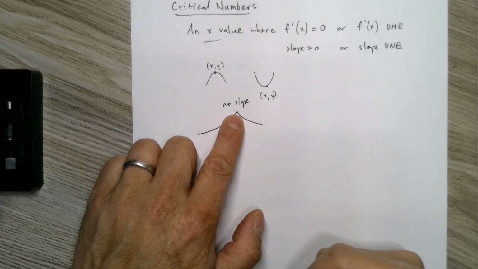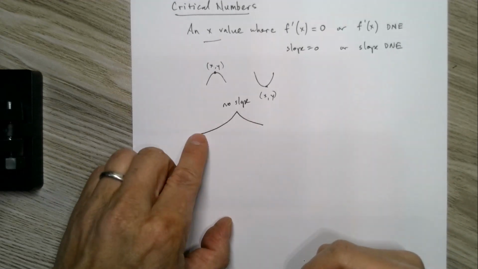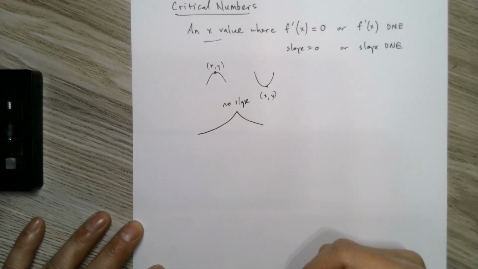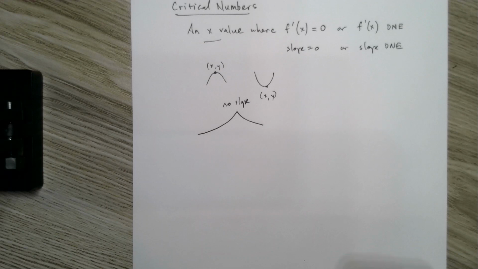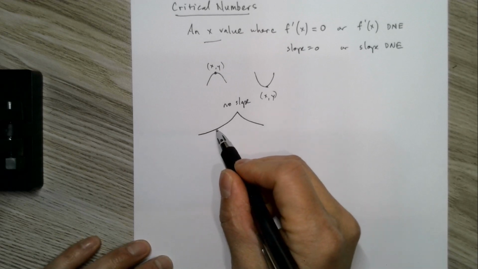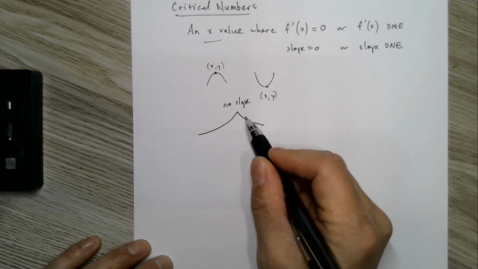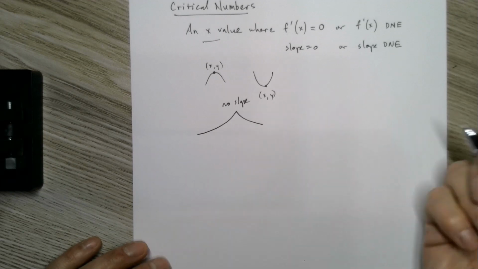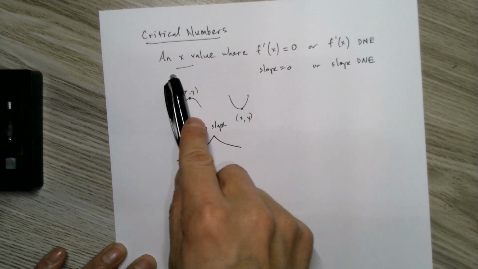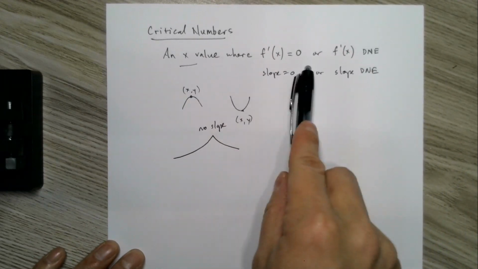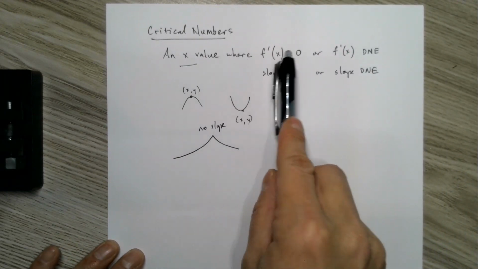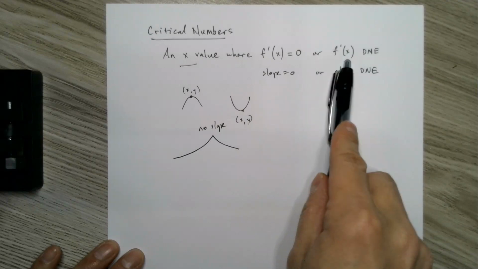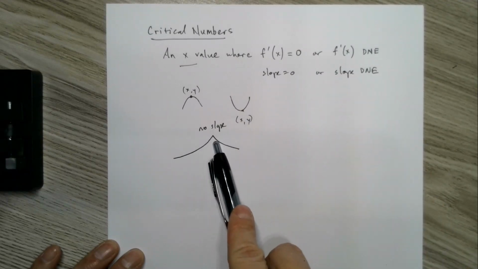The curve must be smooth in order for there to be a slope. We call that being differentiable. So it's differentiable everywhere here, but as soon as you get to this point, that point is not differentiable. There is no slope there. So the definition of critical numbers, when it's talking about the x values where the slope is 0 or when the slope does not exist, they're talking about points like that.